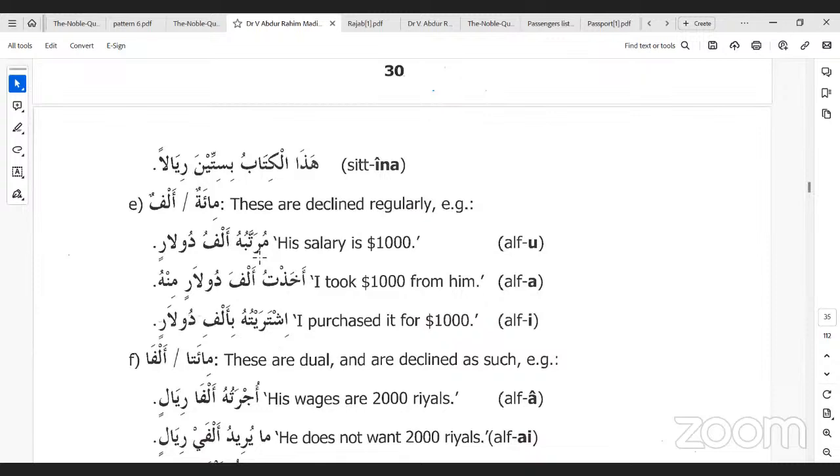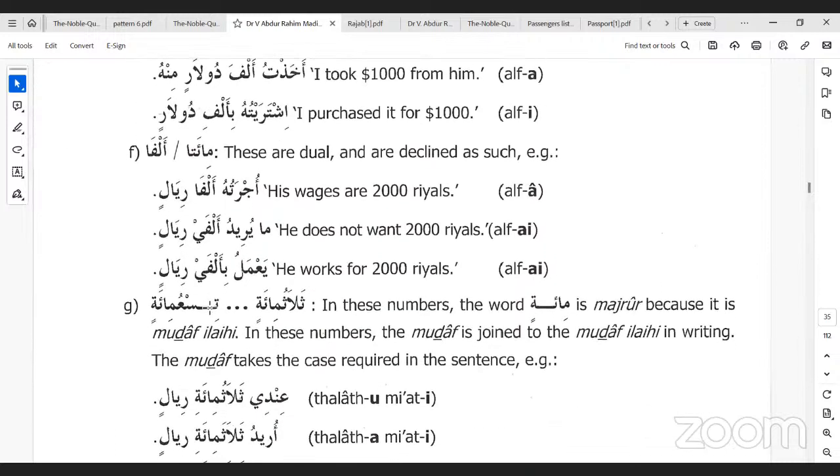His salary is $1,000. Akhadhtu alfa dollarin minhu. I took $1,000 from him. Ishtaraytuhu bil alfi dollarin. I purchased it for $1,000.